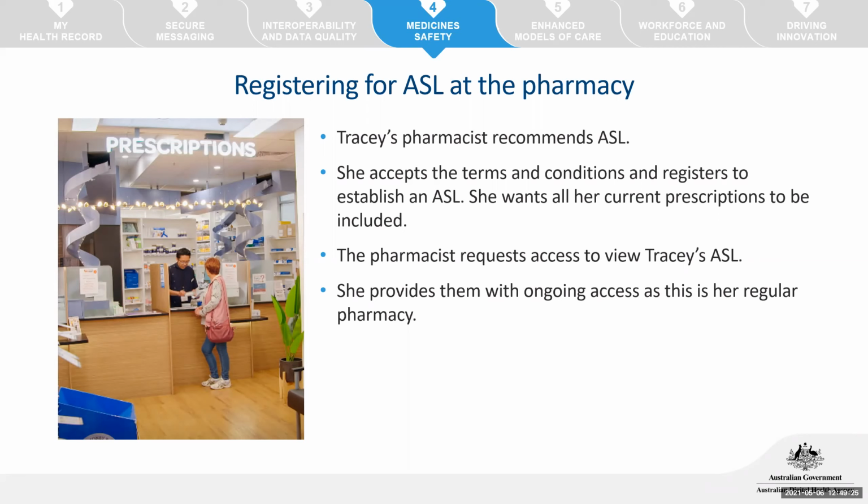Ken also sends her an SMS to request access to her active script list, and Tracy replies back with 1 to grant ongoing access because this is her regular pharmacy, and so going forward, Ken or any other pharmacist will be able to go into Tracy's active script list and dispense directly from there without Tracy needing to bring in any tokens or anything like that.